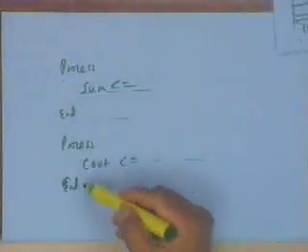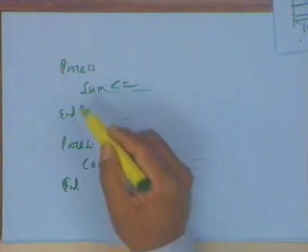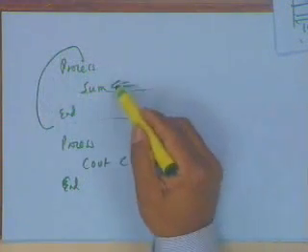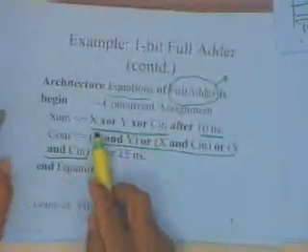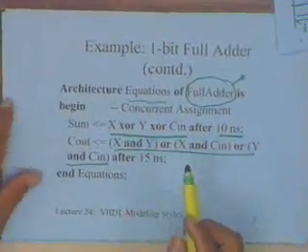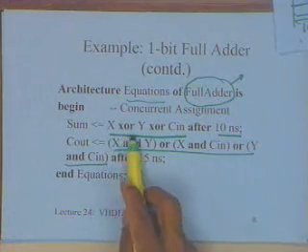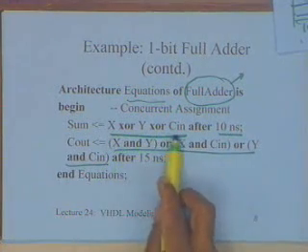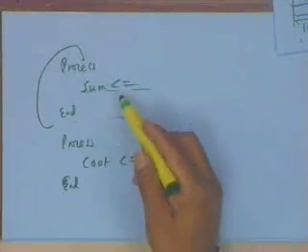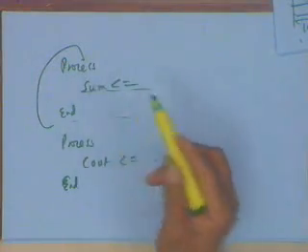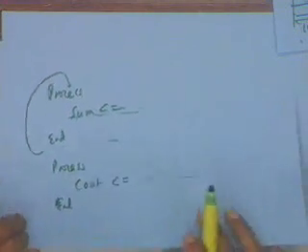Data flow statements are like defining two processes, and both of them are active all the time, and they get triggered whenever any of the inputs changes: X, Y or C in, X exclusive or Y. So when any of the inputs to this expression changes, this process gets triggered and a value is computed and assigned to sum after 10 nanoseconds.